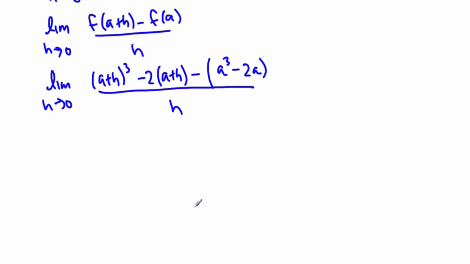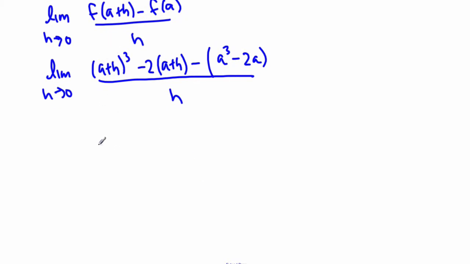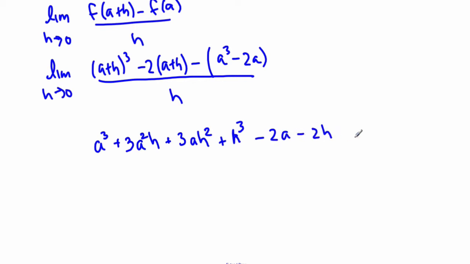Okay, let's start expanding. So with this term here, we're going to get a cubed plus 3a squared h plus 3a h squared plus h cubed minus 2a minus 2h minus a cubed plus 2a.